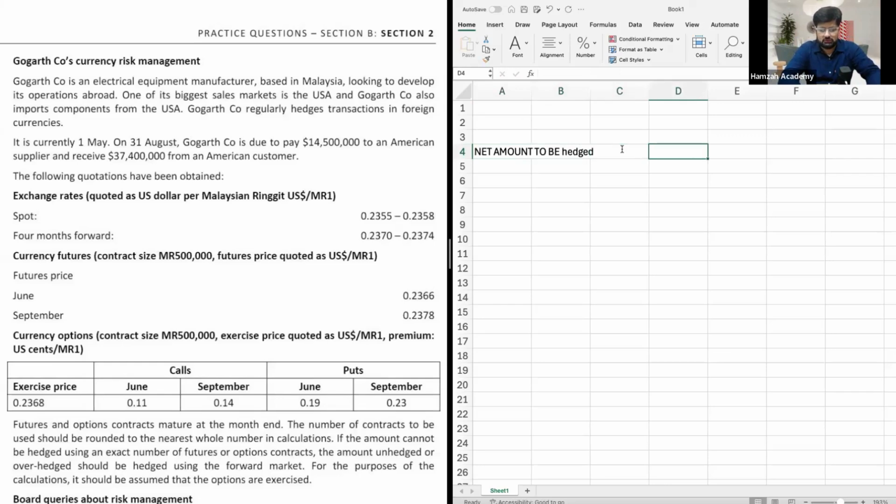That is equal to, they have to receive 37,400,000 minus 14,500,000. So this is the receipt and this is the payment of the same currency.